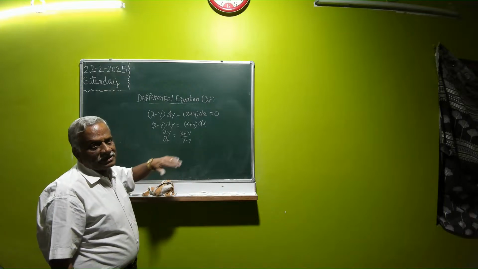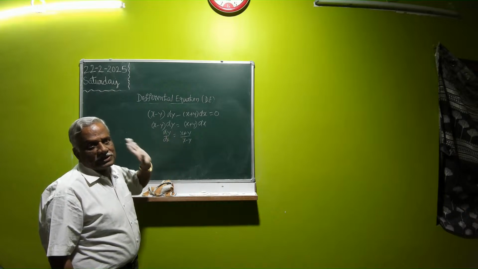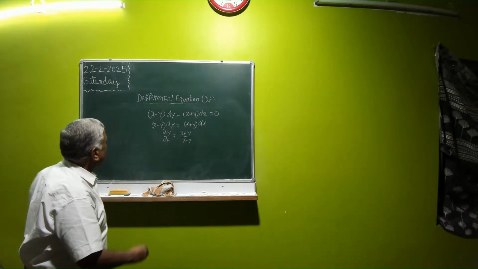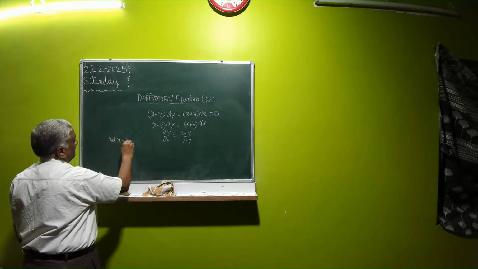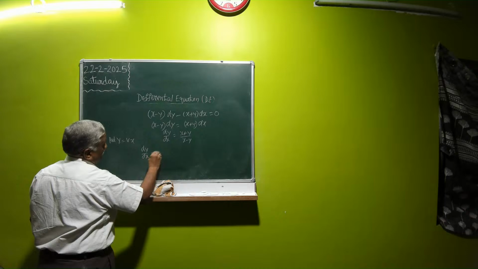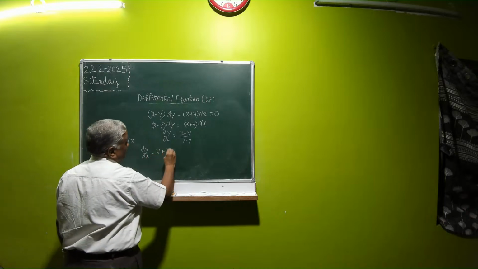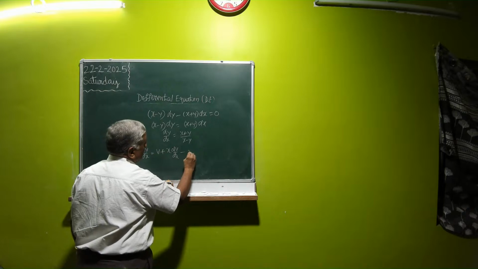Therefore, what we should do is check the degree of this. Degree of the numerator is 2, degree of the denominator is also 2. Homogeneous. Therefore, immediately we should put y is equal to vx. Then what is dy by dx? v plus x dv by dx. I call this equation 2.